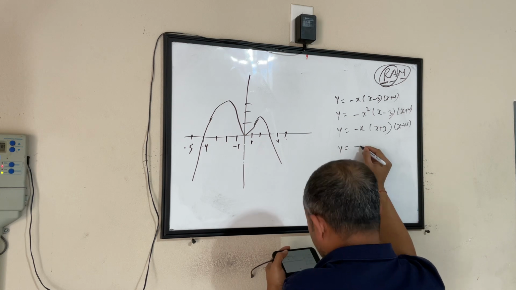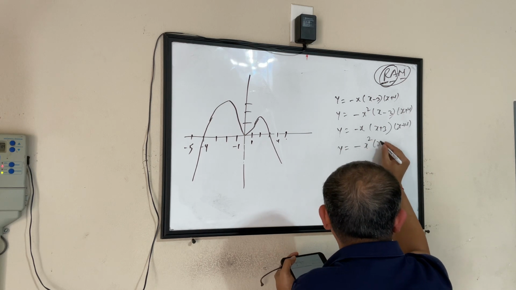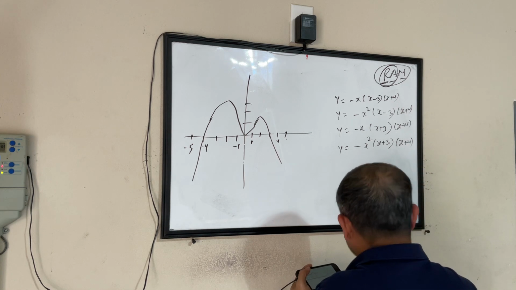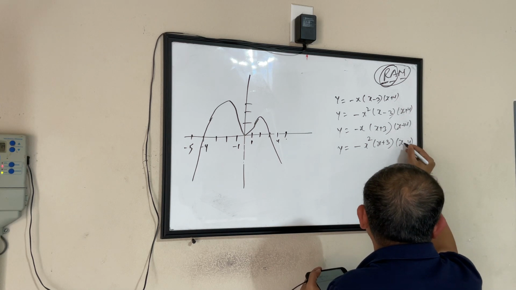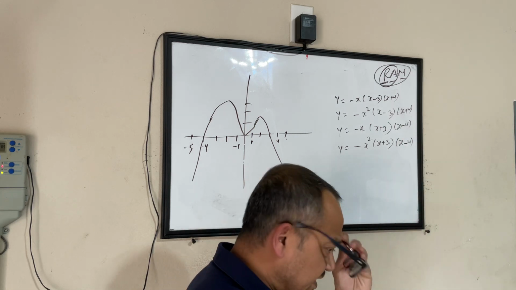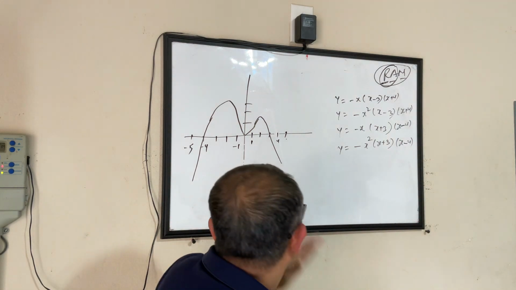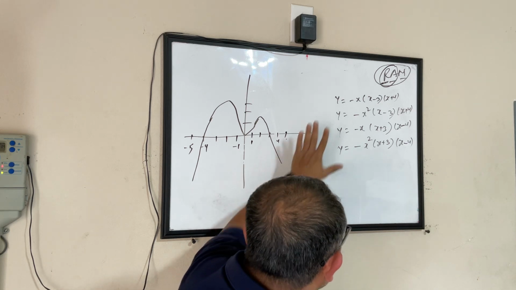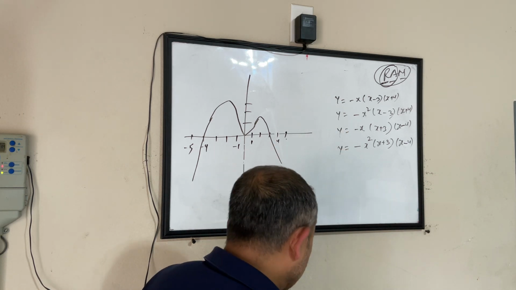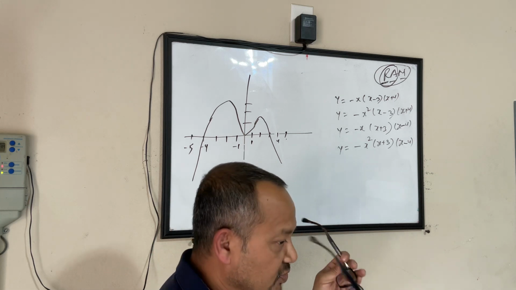Y equal to minus x squared into x plus 3 into x minus 4. Okay, so far we are just reading the question, right? It says that this is the graph and says which of these following equations could be the equation of the graph that you are seeing on the board.